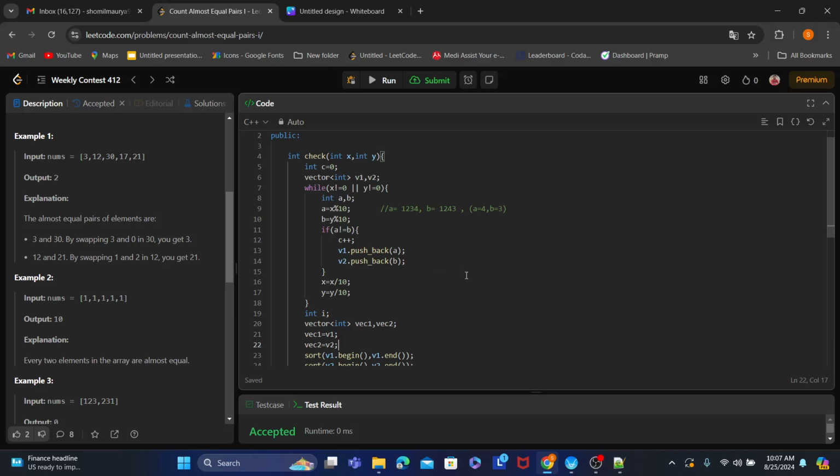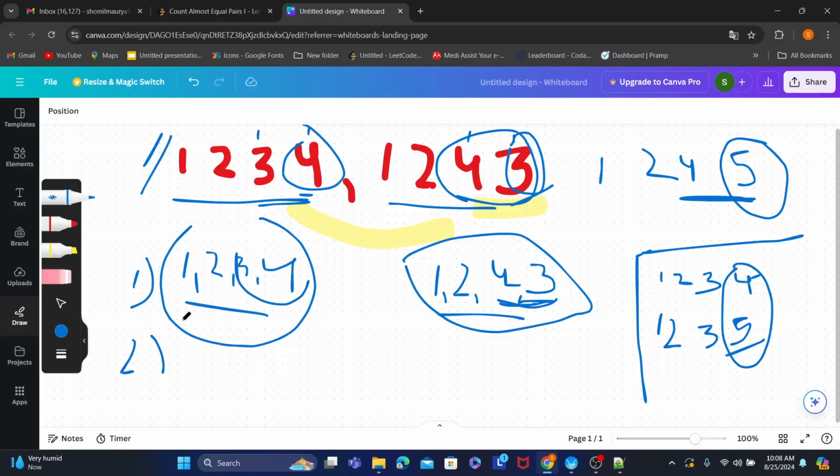Now at the end, after this loop, v1 is the array that contains the digits of the first number, 1, 2, 3, 4. And v2 would be 1 2 4 3. Now if we sort these two arrays, we are checking the first condition.